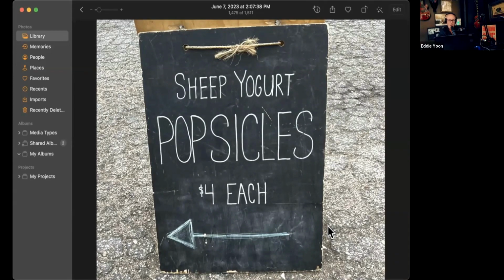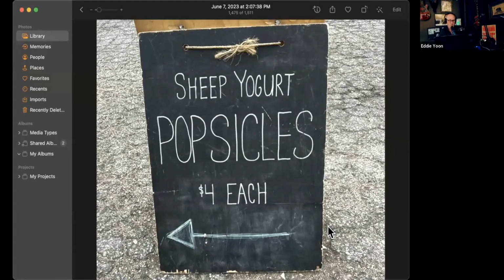And where is it marketing the category? Well, it's marketing exactly where legendary category designers market. They go to where super consumers of their category likely already are, and they go to communities. In this case, if you're at a farmer's market, you might be interested in a sheep yogurt popsicle.